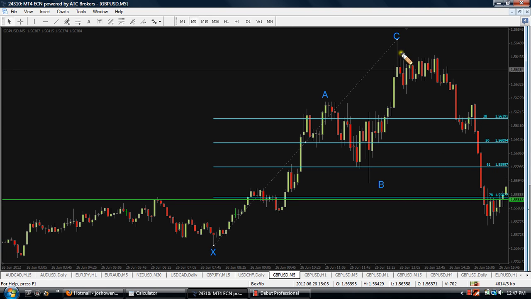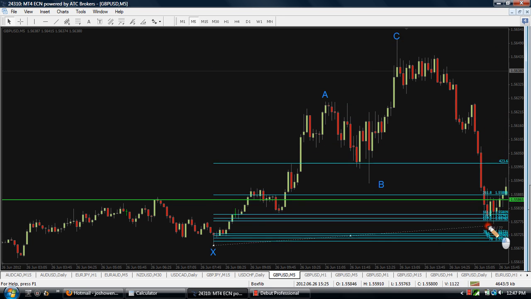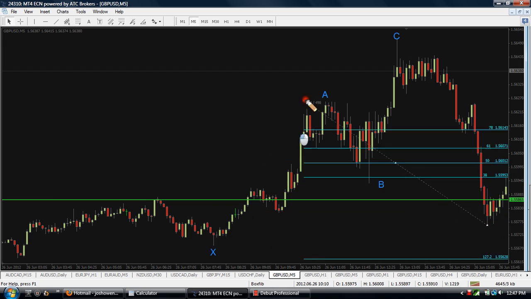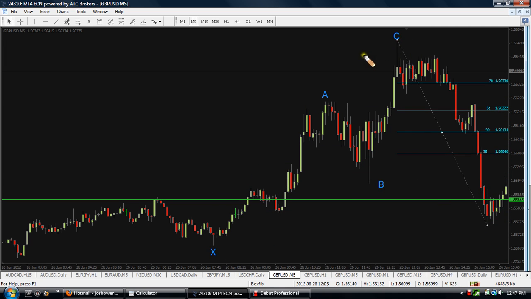Now we need to be concerned with profit targets. So our profit targets are a retrace from C to D. So if price is coming from C to D, then the retrace is going to be going back up towards C. I'm going to spin my fib tool around for this buy setup.